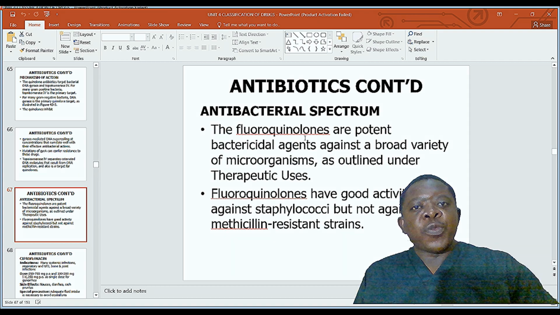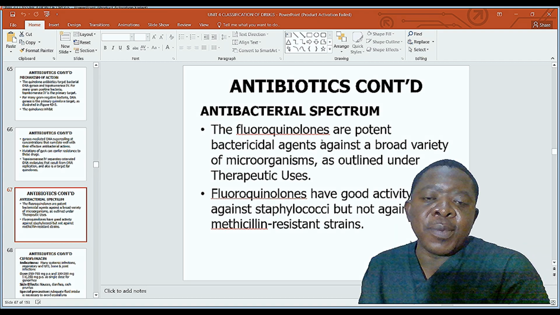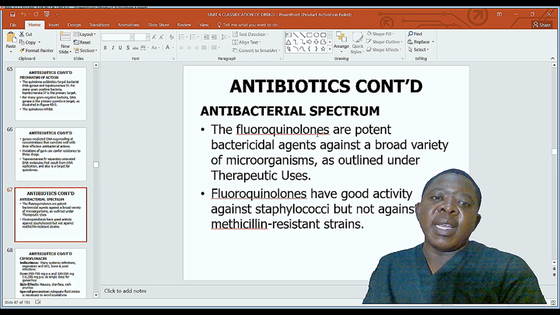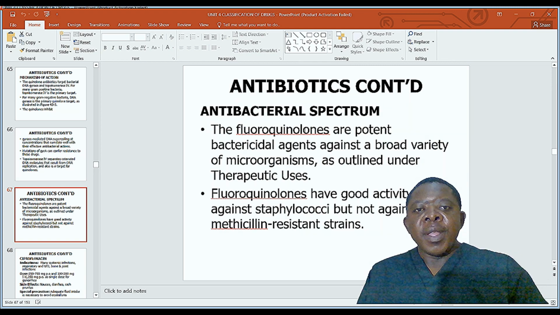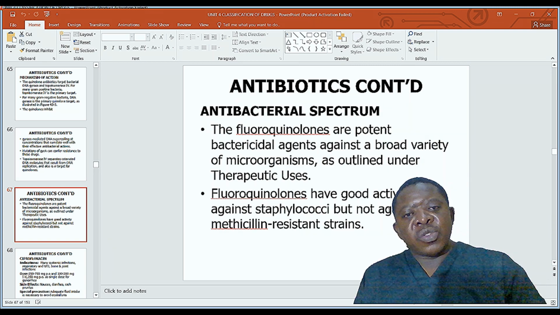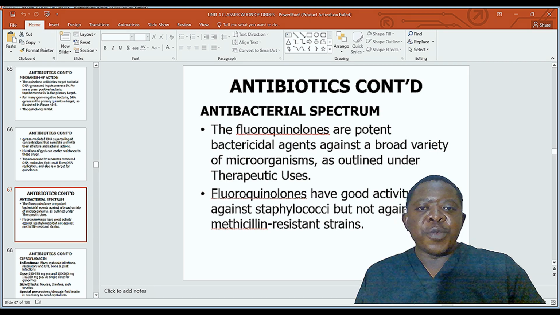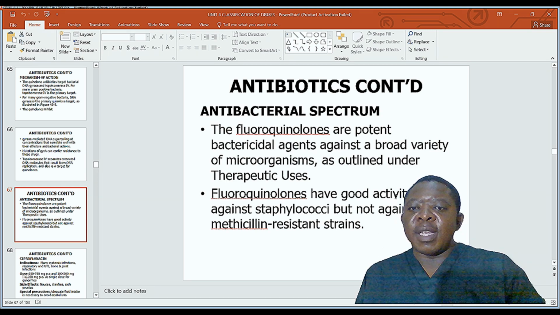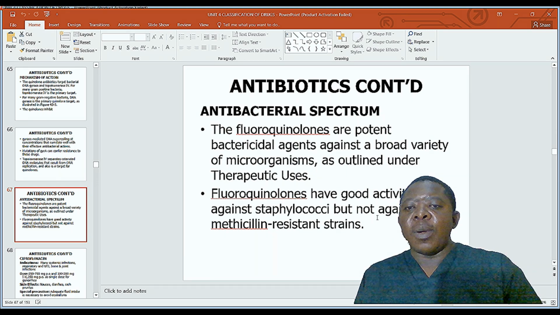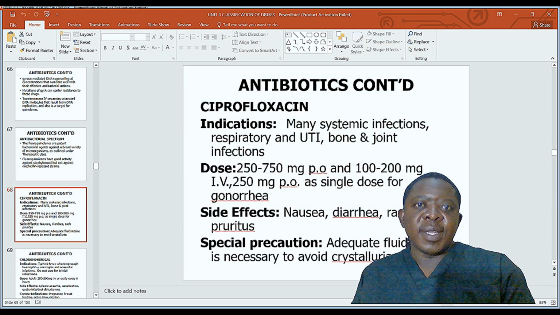Fluoroquinolones and quinolones are different types of antibiotics, though sometimes they are discussed together. When you look at their structure, fluoroquinolones are different from quinolones. Fluoroquinolones have good activity against staphylococci, but not against methicillin-resistant strains.